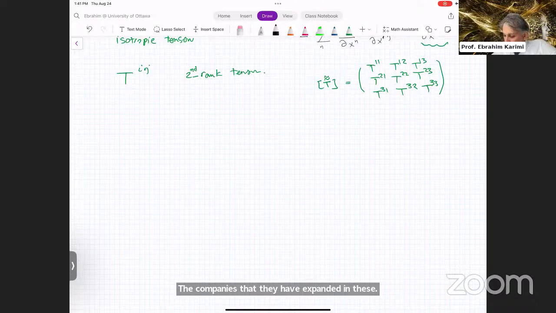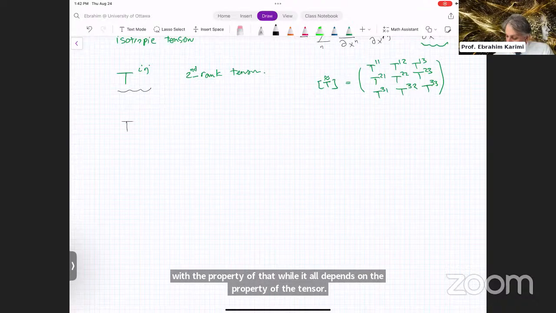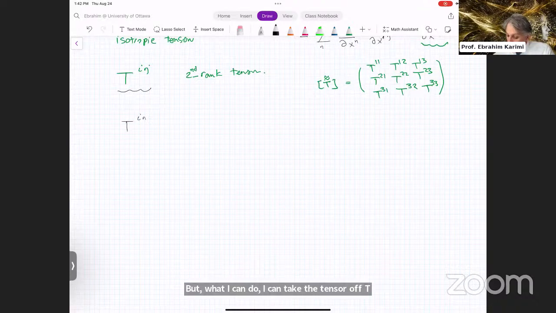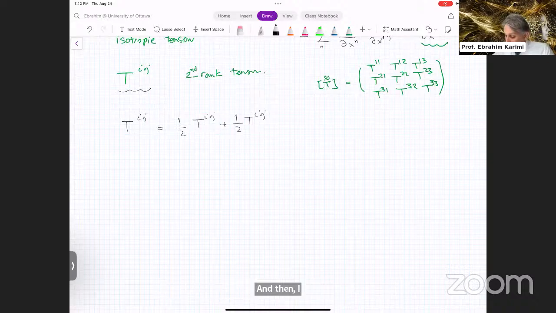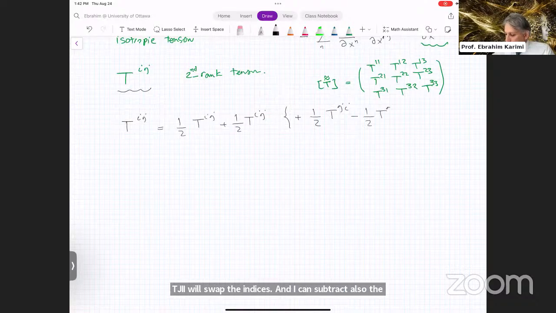Now the question is, what is going on with the property of that? Well, it all depends on the property of the tensor. But what I can do is take the tensor T and write it as 1/2 of Tij plus 1/2 of Tij. Then I add Tji, swapping the indices, and I also subtract Tji. The result of this is 0, by the way.